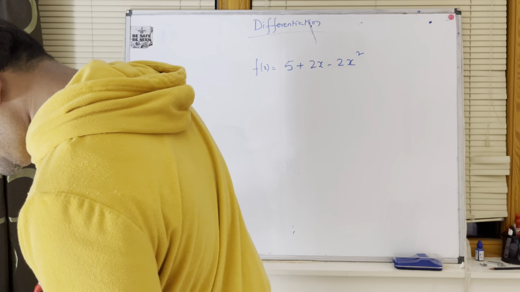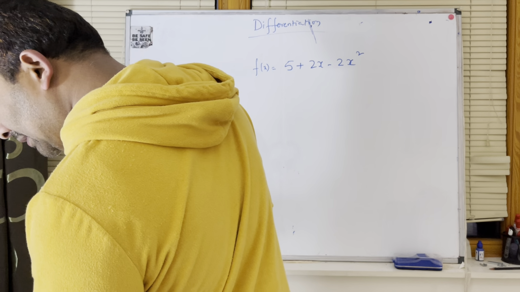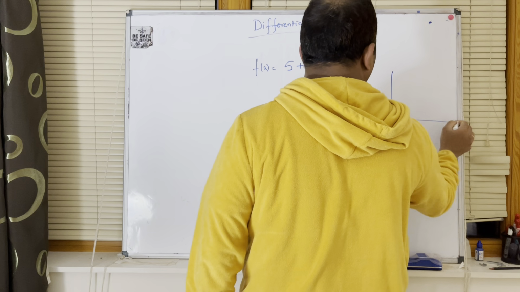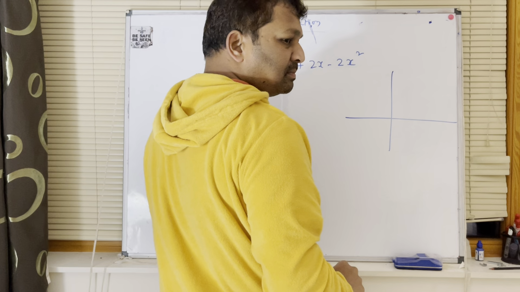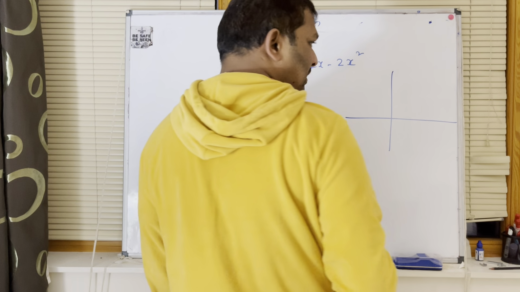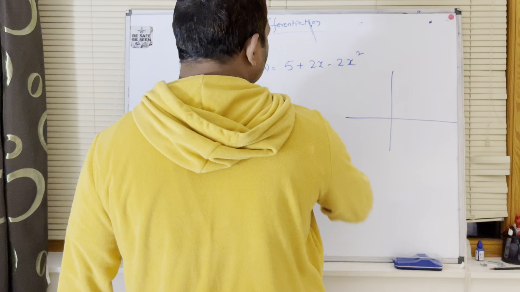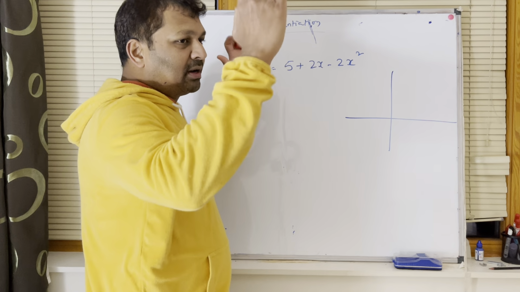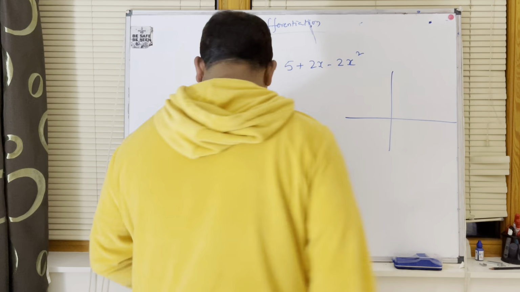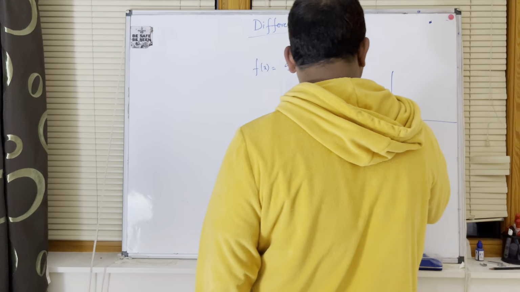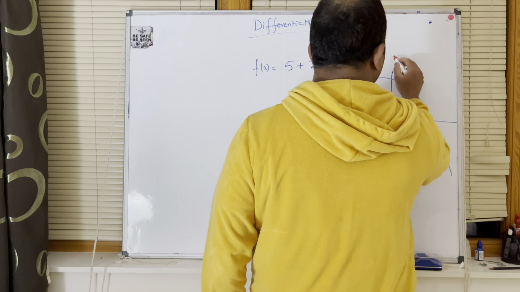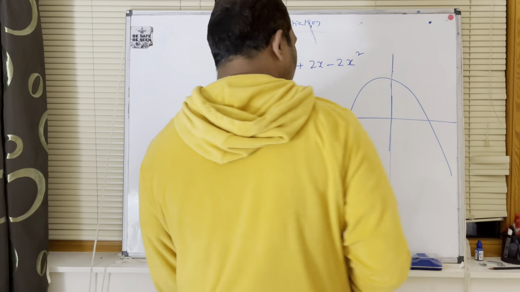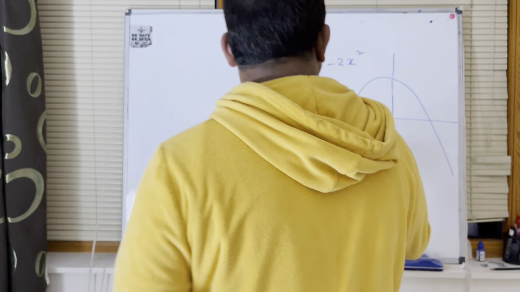The function is shown together with the tangent to y equal to f of x at a point. Okay, this function is something like that. Is it upward or downward? When you plot this equation in a coordinate plane, is it going to face upward or downward? Downward, because x square has a negative coefficient. What is that coefficient? Minus 2. Okay, so that's a curve. This is f of x.